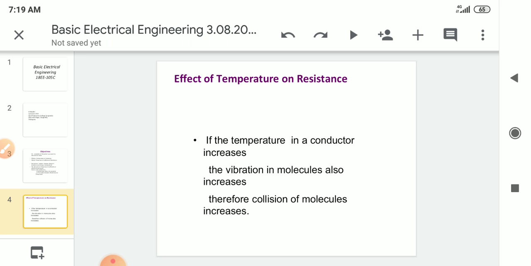The resistance is different from material to material. The resistance of a material changes with change in temperature. The effect of temperature on resistance varies according to the type of the material.